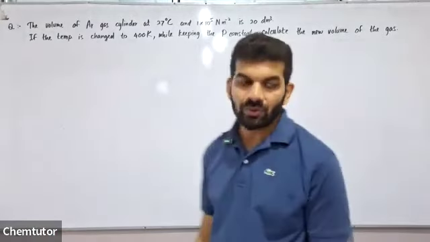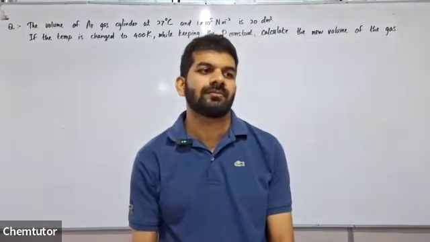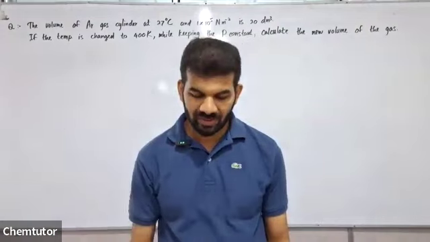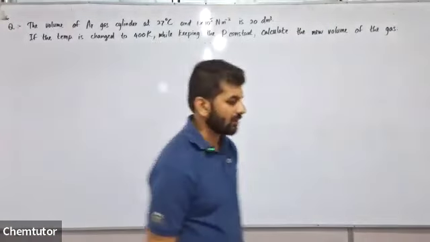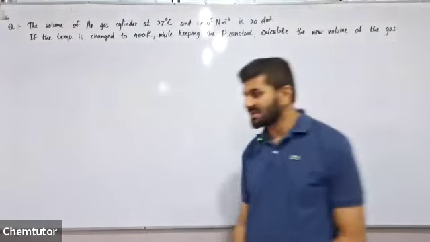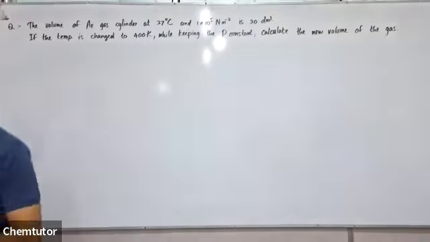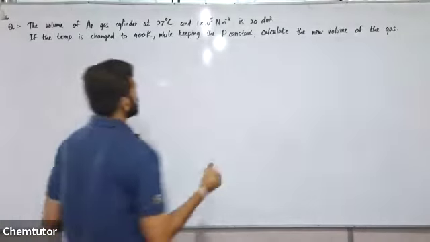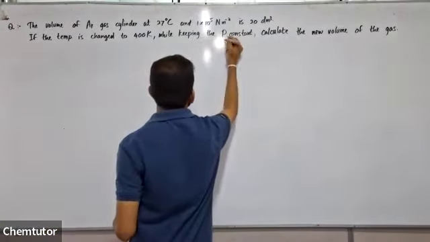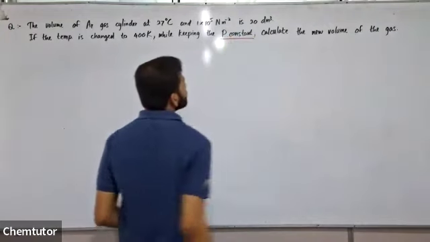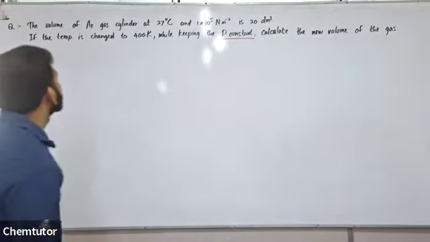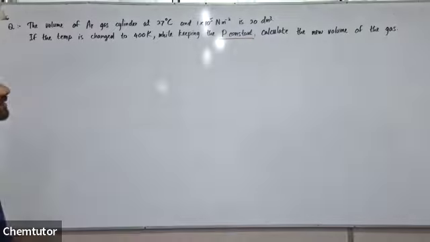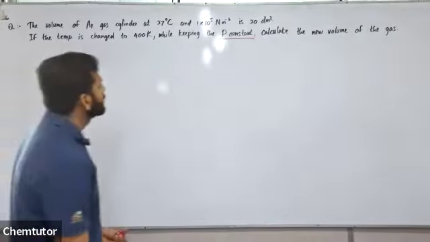I'm going to make it for you, shall I do it? Okay, you better try it. Now you better understand the things that they are asking. Now it says while keeping the pressure constant. You have to find the new volume, and the only thing that is changed is the temperature.